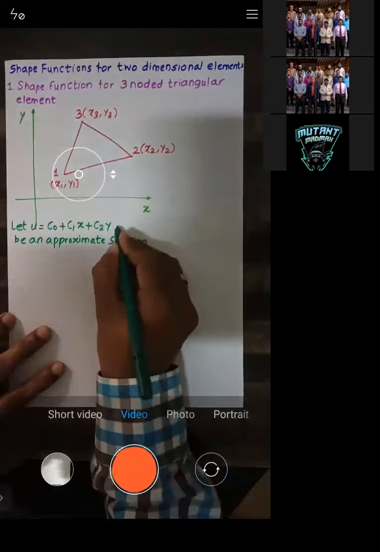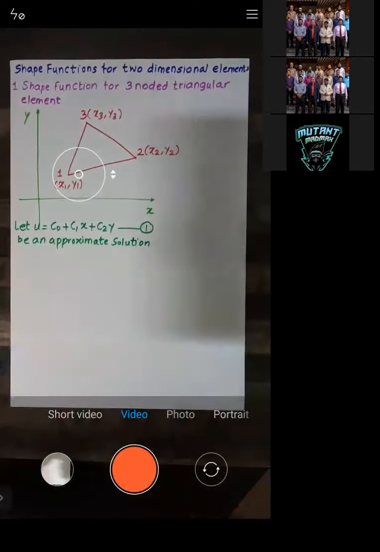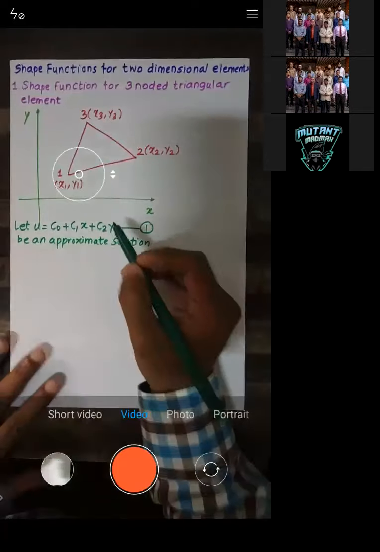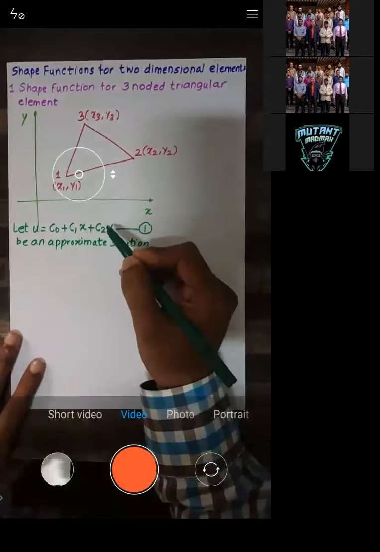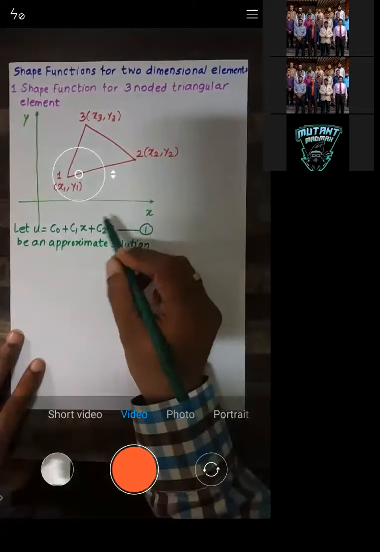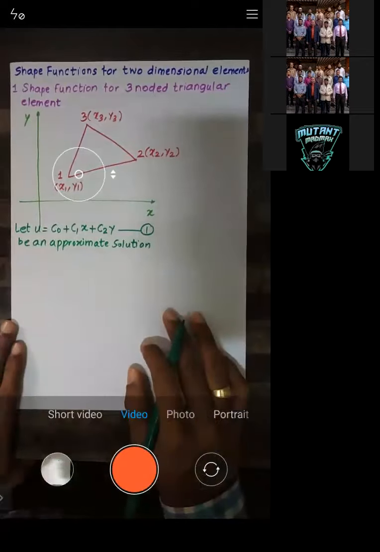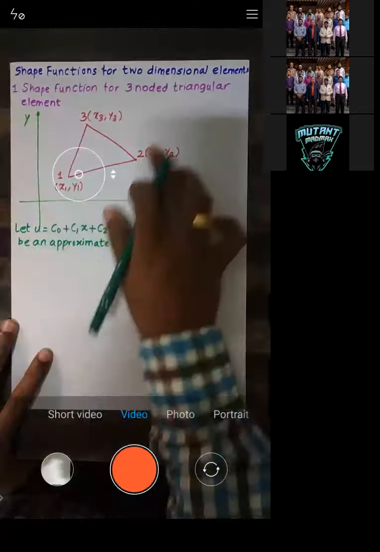Let me call this equation number 1, and this is an approximate solution because we are now dealing with a 2-dimensional element, so its second dimension also we need to consider. For that I introduced one constant, C2, multiplied by its second dimension. So this approximate solution is written for the triangular element, that is a 2D element.